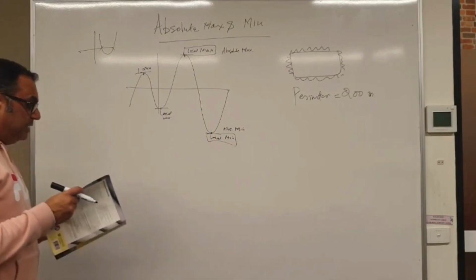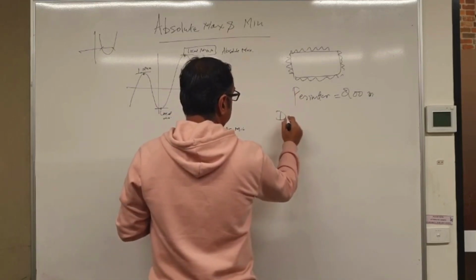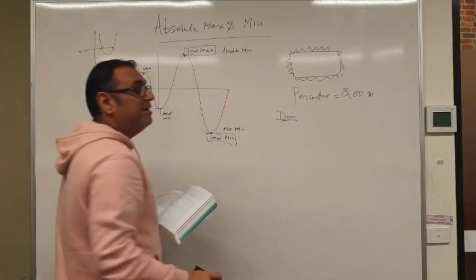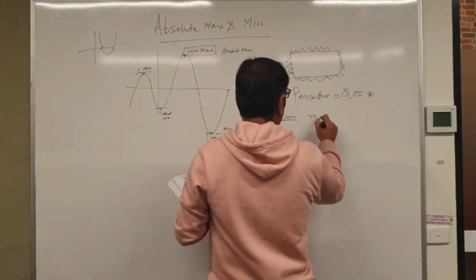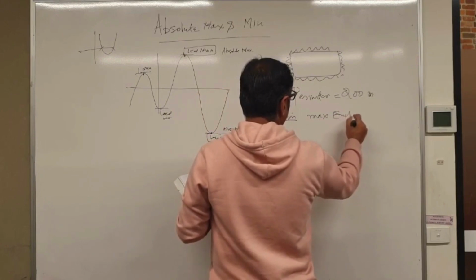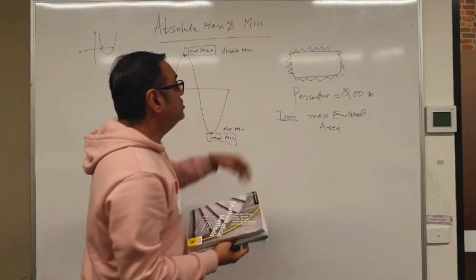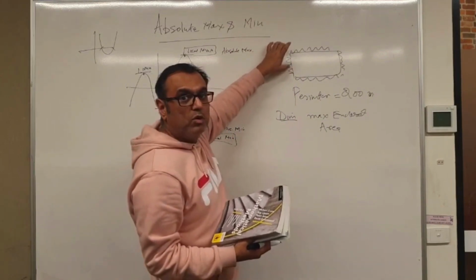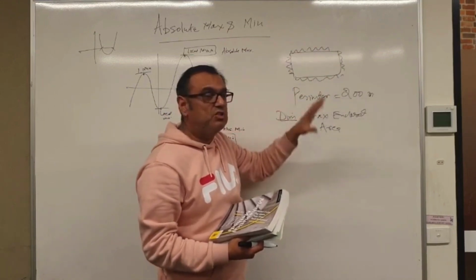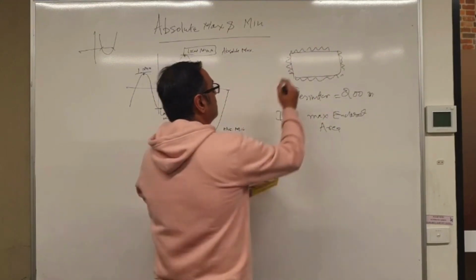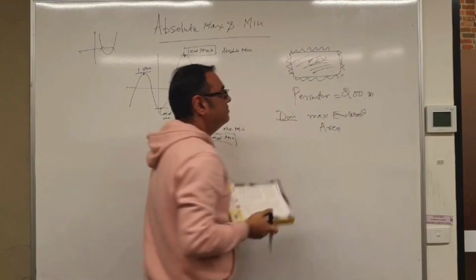He asks, what are the dimensions that will give him the maximum enclosed area? Max enclosed area. That means he doesn't know what the length and the width are. He needs to put this fence in such a way that the area inside is max.